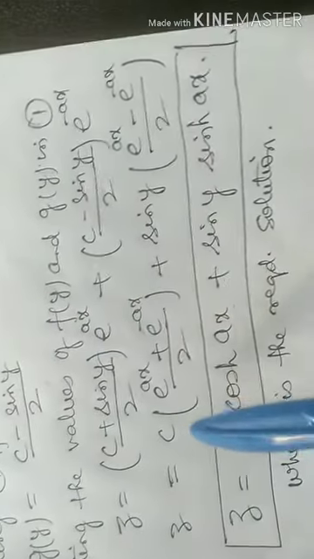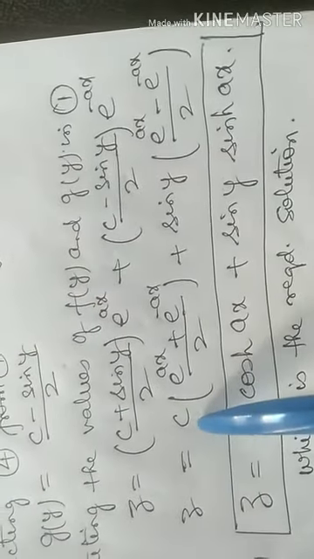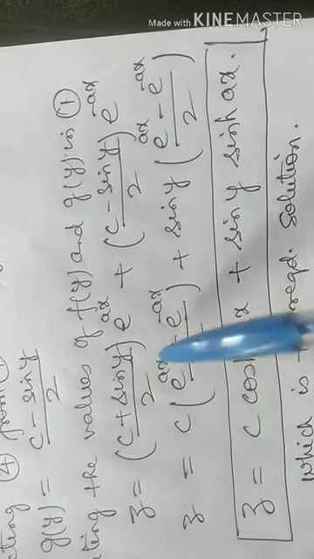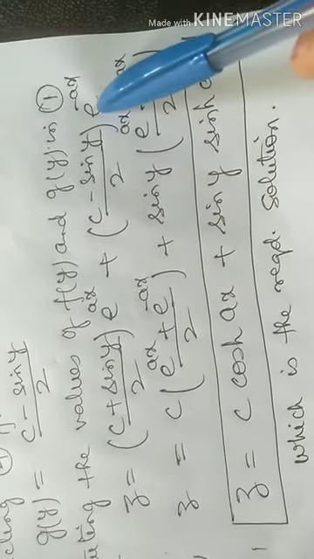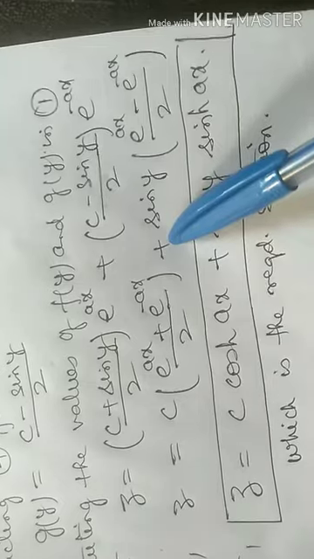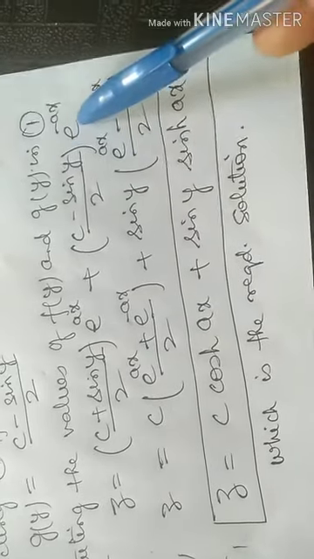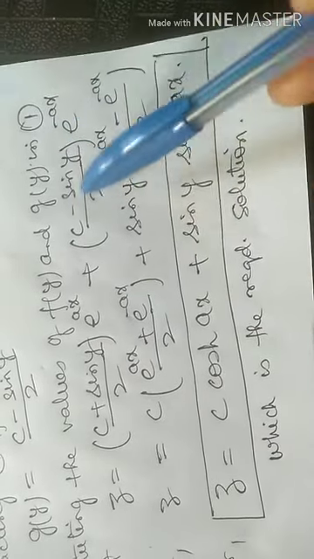Now expanding and then taking C common, on the right-hand side, C times [e^(ax) + e^(−ax)]/2 plus, now sin y is taken common, [e^(ax) − e^(−ax)]/2.